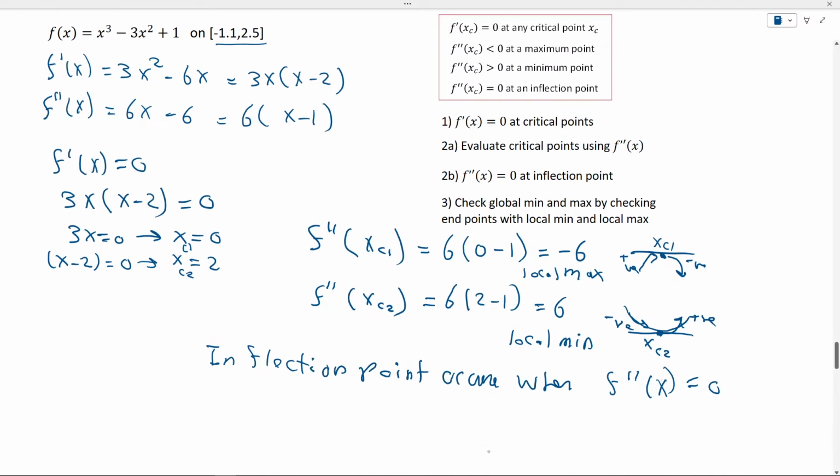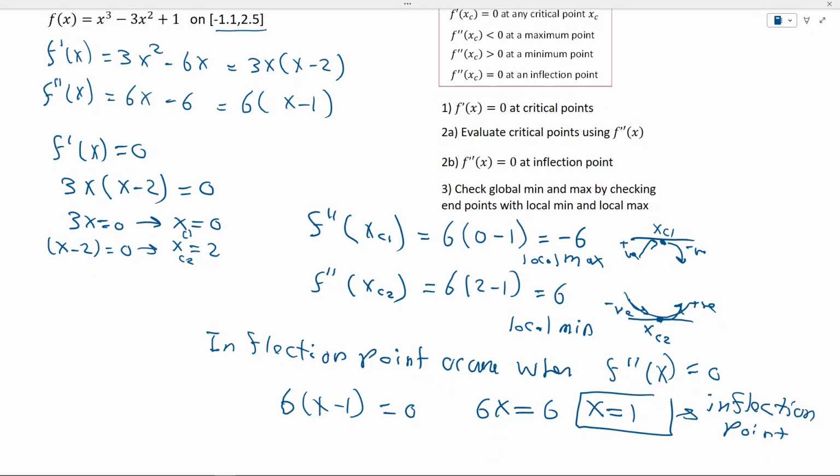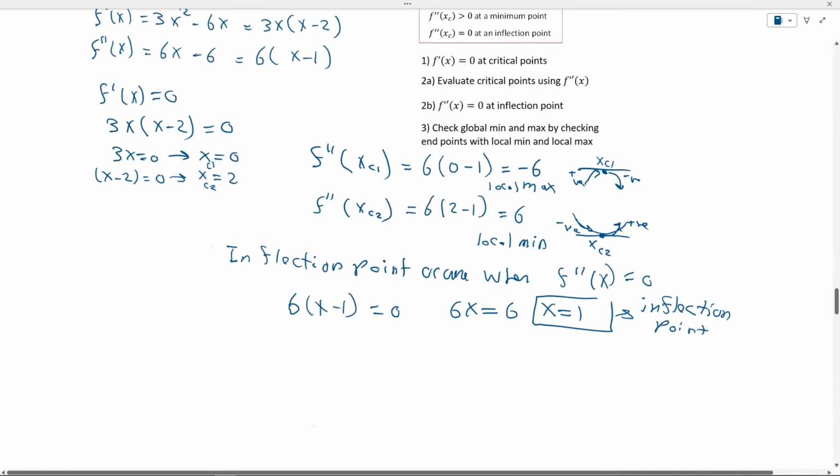This means that 6x is equal to 6, so x is equal to 1. That is basically my inflection point.